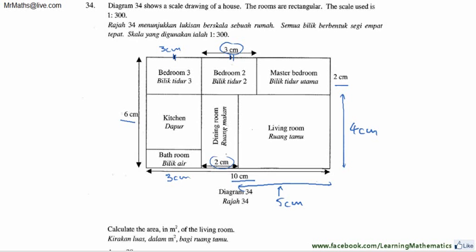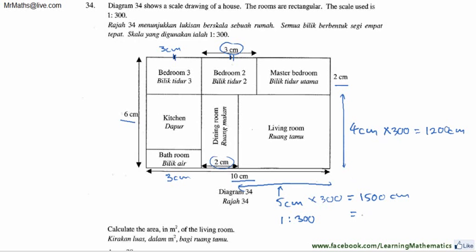And because this is a scale of 1 to 300, we need to multiply everything by 300. So in actual, this multiplied by 300 equals 1200 cm, and this multiplied by 300 equals 1500 cm.